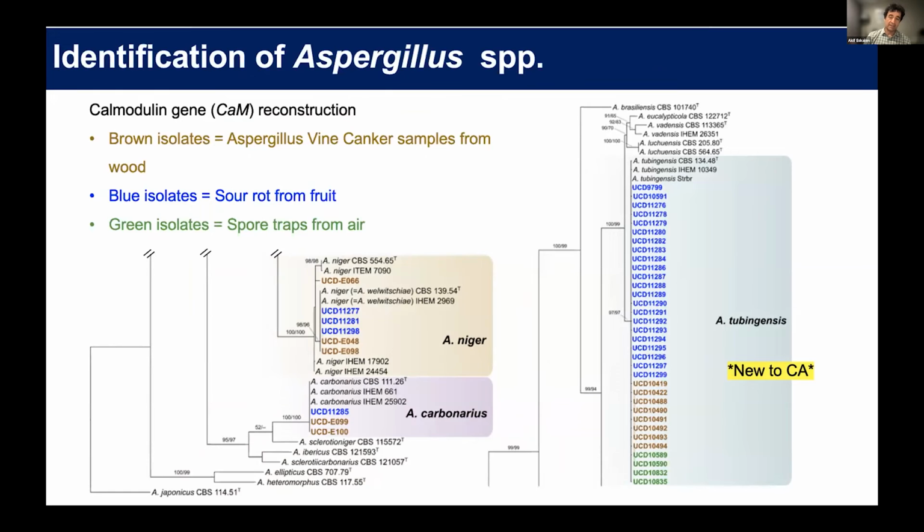Or these could be newly introduced pathogens. We don't know that yet. But what we know so far is that the Aspergillus species found from the vine canker, and also from the sour rot I talked to you about earlier, and from the spore traps, seem to be similar or the same species in each one of them.